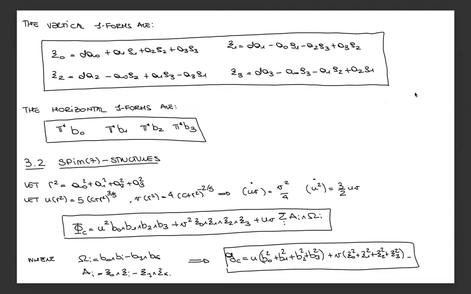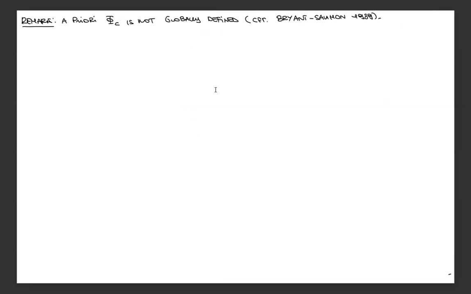So if this makes sense, I can just say once again that this four-form is a priori not globally defined, and you should check out Bryant and Salamon's original paper for a proof of why it is globally defined.